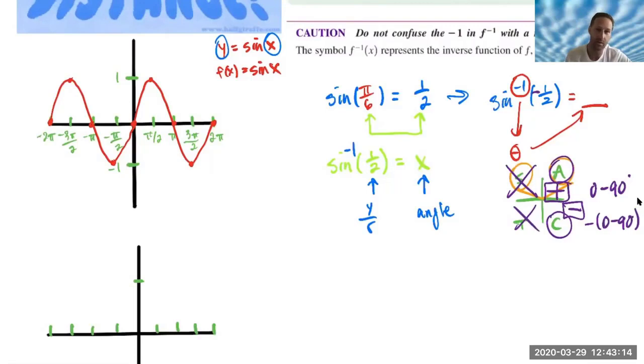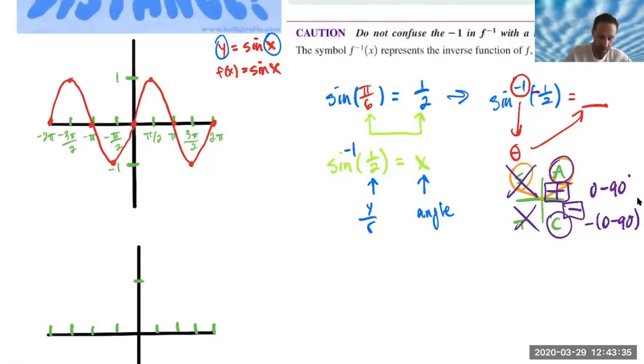Now, going back to the whole thing that I started with for inverses, if you remember, we had to pass the vertical line test to make sure that it is a function, which we know sine passes with flying colors. But what about the horizontal for our one-to-one functions for our inverses?